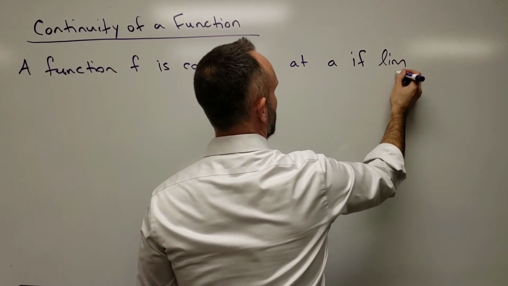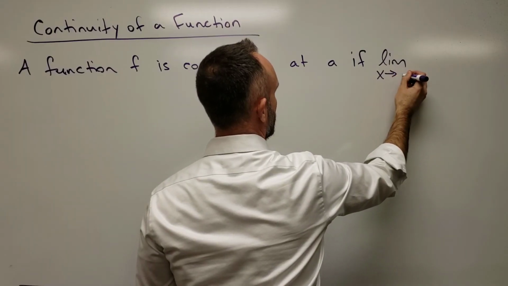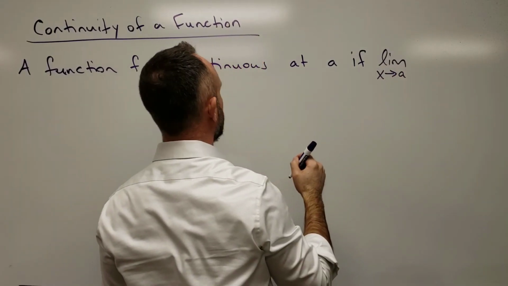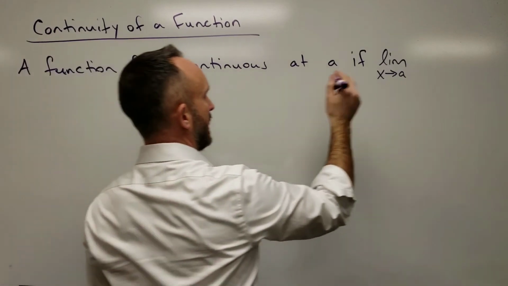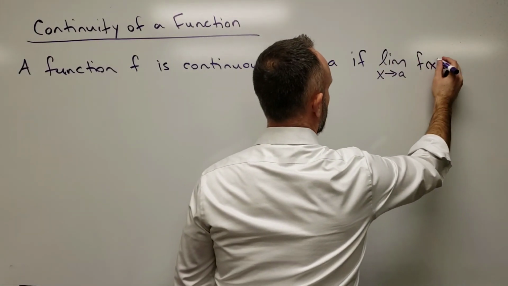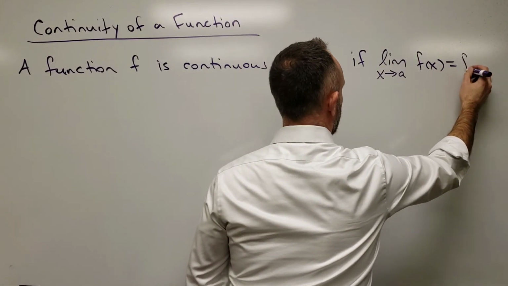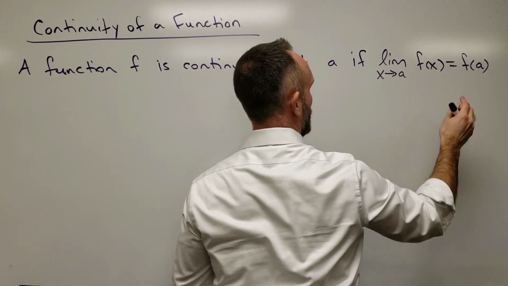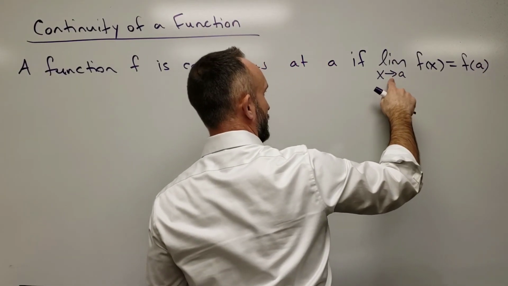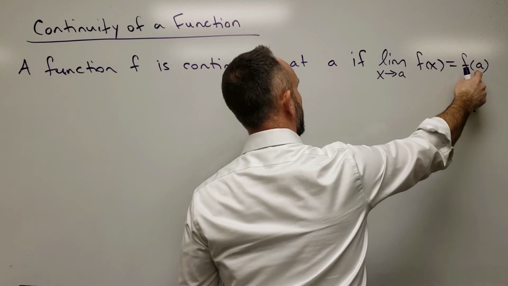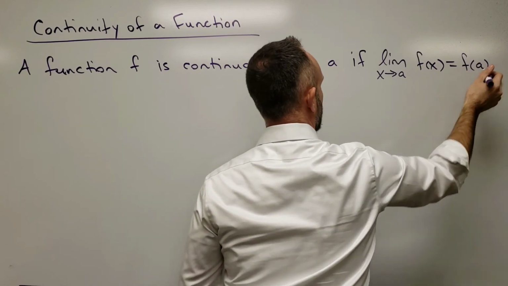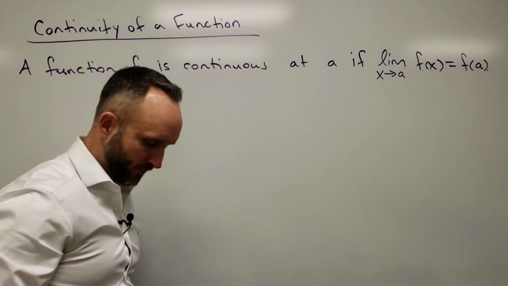If the limit as x approaches that a value from both sides of the function f of x equals f of a, in other words, if the limit of the function equals the output of the function, we say the function's continuous at a. Okay?